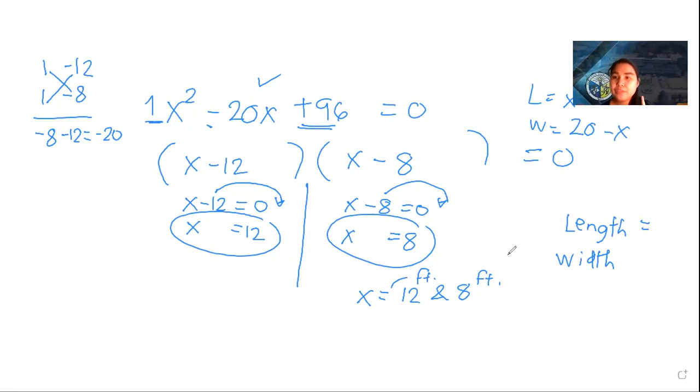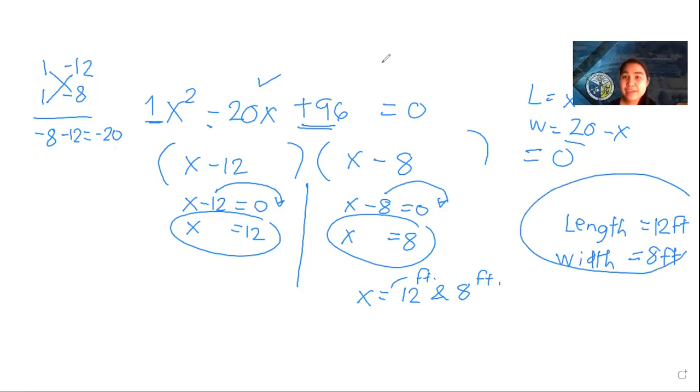Remember that's why it's called length, because it's long, longer than the width. So the length is 12 feet and our width is 20 minus 12, 8 feet. So here's now our answers. Do you have any questions?